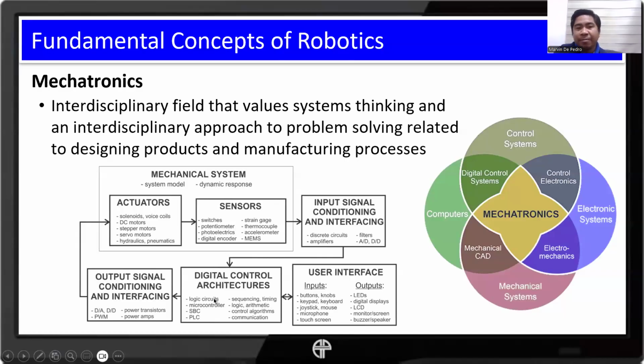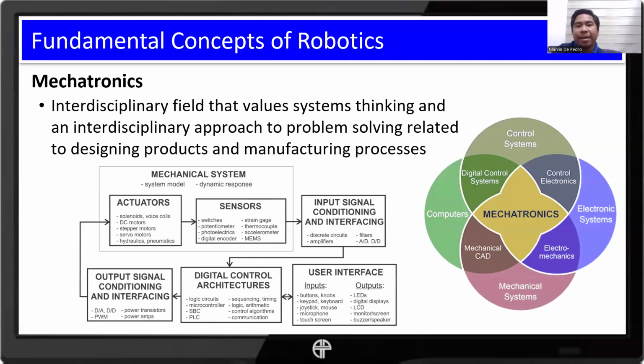Since we are normally using computers or digital controllers, these signals must be converted into digital form, so that they can be processed here and so that they can accept input or provide output via the user interface.